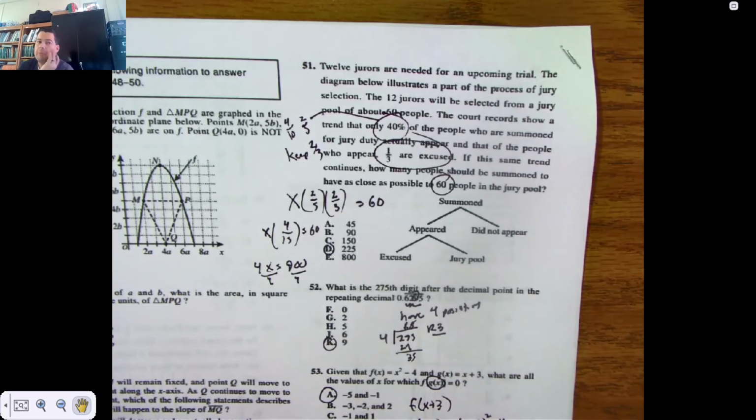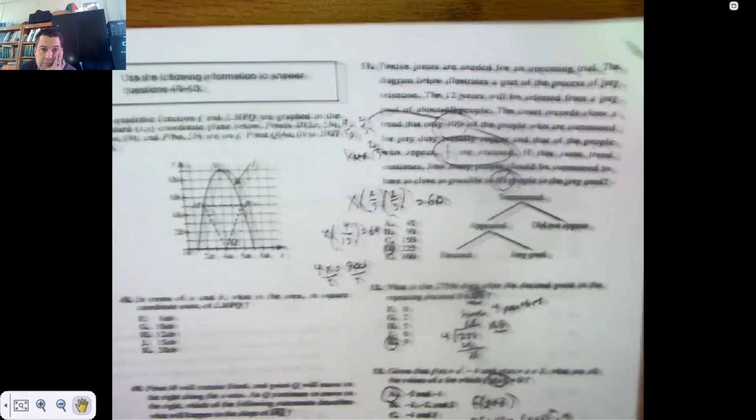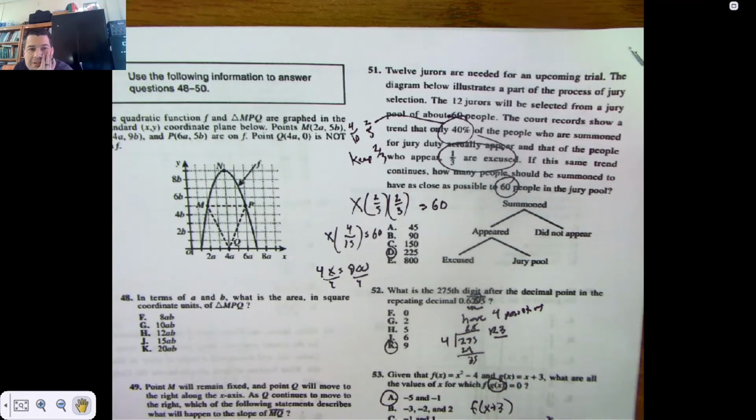Here we have a multi-part question. Look at the god awfulness of this text. So the quadratic function f and triangle MPQ are graphed in a standard xy coordinate plane below.